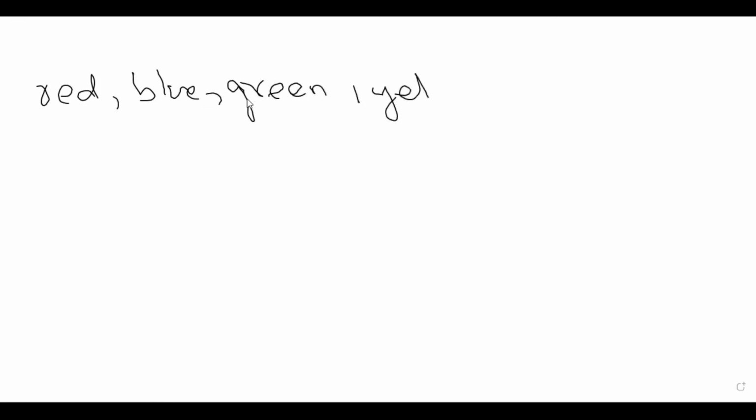What is given? The colors of buttons were red, blue, green and yellow. These are the 4 colors of buttons that Jessica has in her bag. And it is given in the question that red are twice of blue.